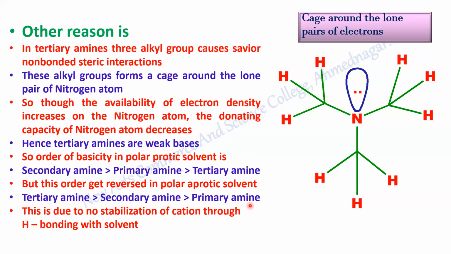That is only on the basis of the electron donating inductive effect, which increases the basicity. So this is due to no stabilization of the cation through hydrogen bonding with the polar aprotic solvent. So this order gets reversed because there is no formation of hydrogen bonding with the solvent.